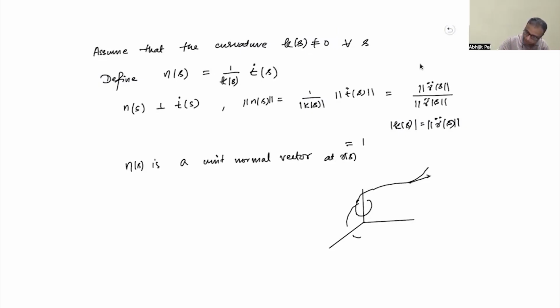We have this tangent vector Ts, and this normal vector will be orthogonal to this tangent vector.